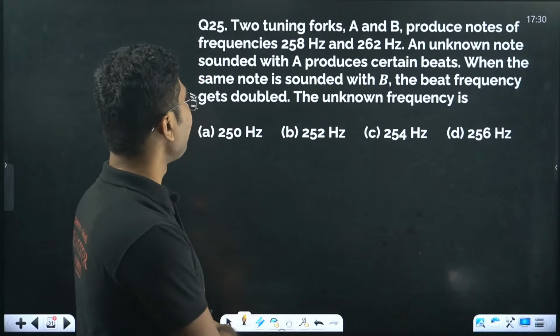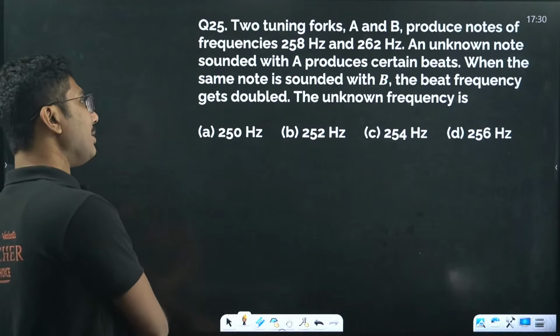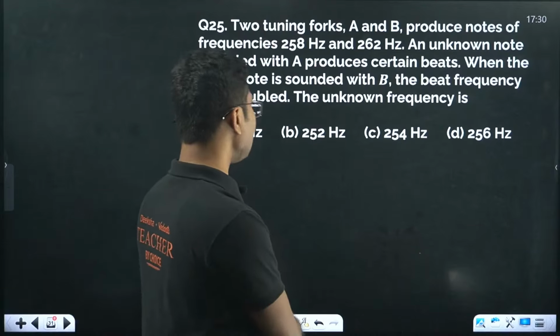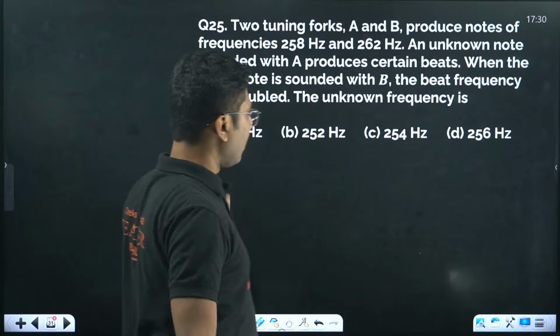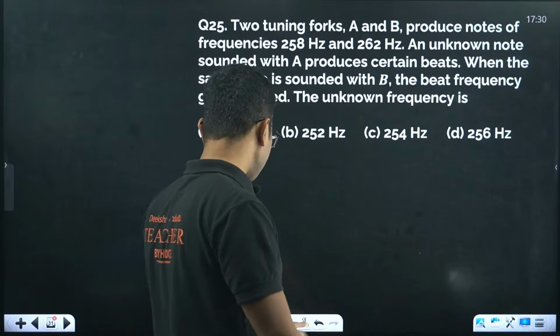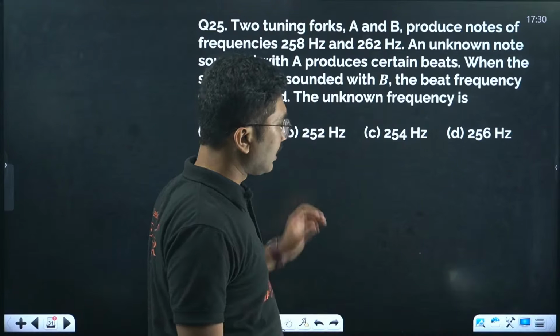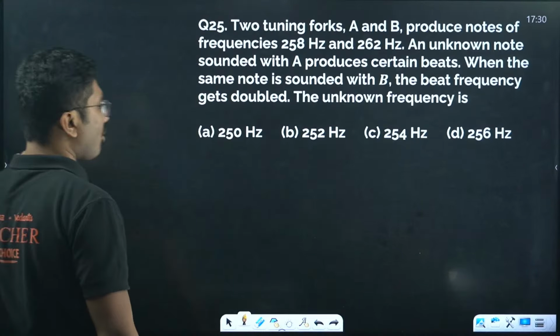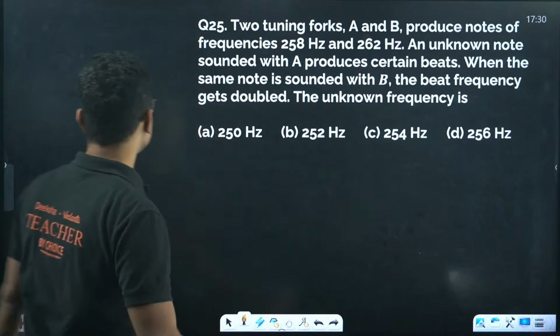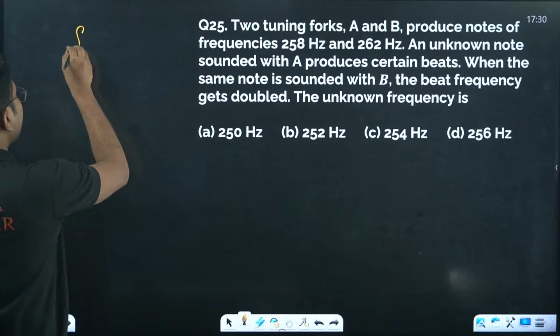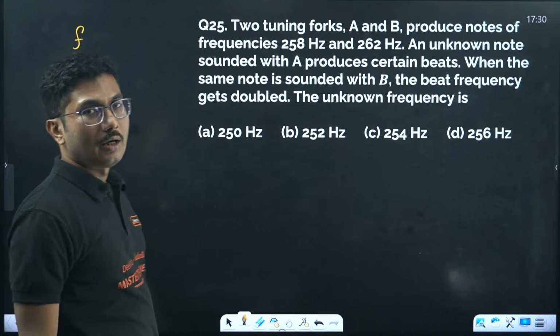When the same note is sounded with B, the beat frequency gets doubled. The unknown frequency is... Here a lot of different answers are possible, but this is one of the previous year problems, a little older, but I don't remember the year. To solve this, we have to assume the frequency of the unknown fork.